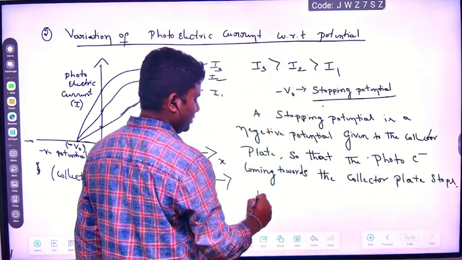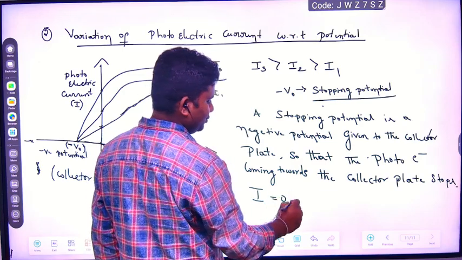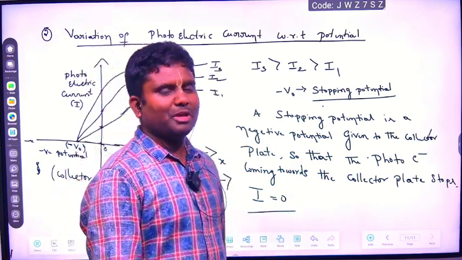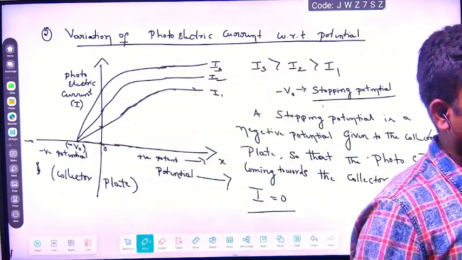In the sense, the photocurrent is zero. This is what we call stopping potential. Okay.